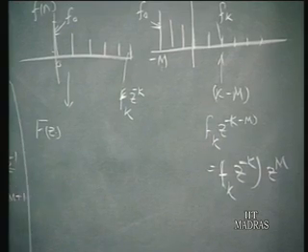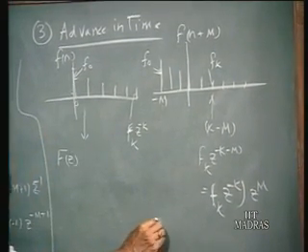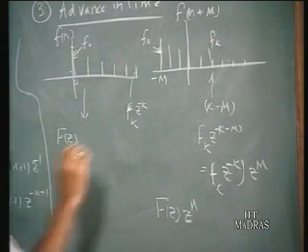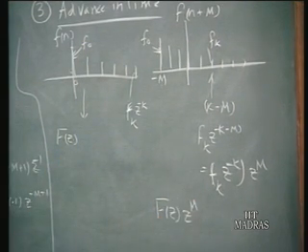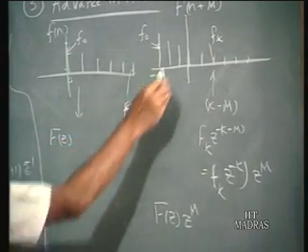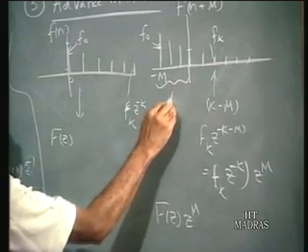So if this is f of z, one would expect that the Z transform of that would be f of z times z power m. But we must take into account the fact that when we are forming the Z transform of this, we take into account only these signals. All the other signals are ignored.